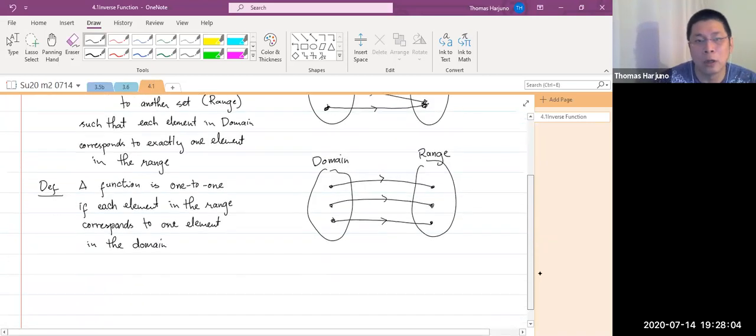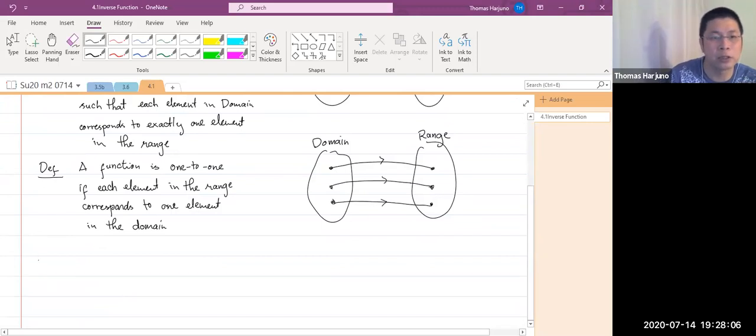Now, one of the consequences of this definition is something called the horizontal line test.